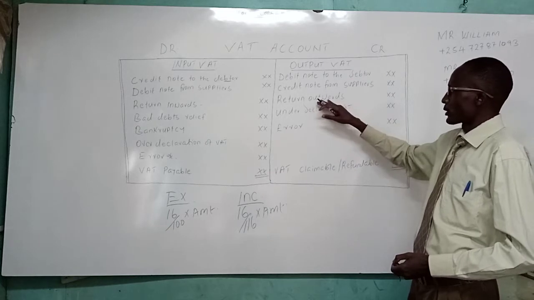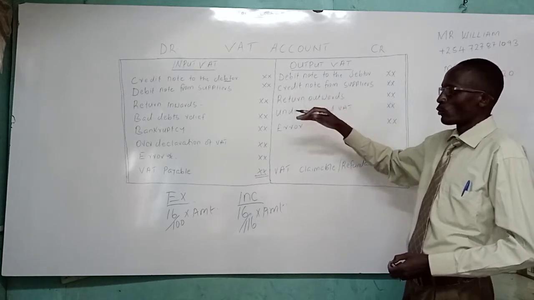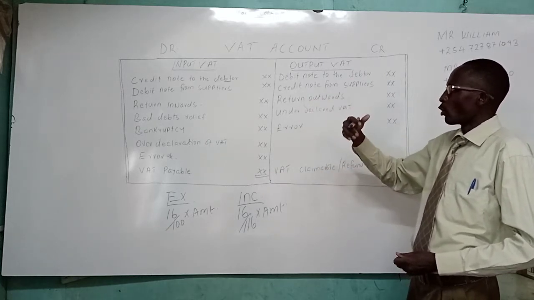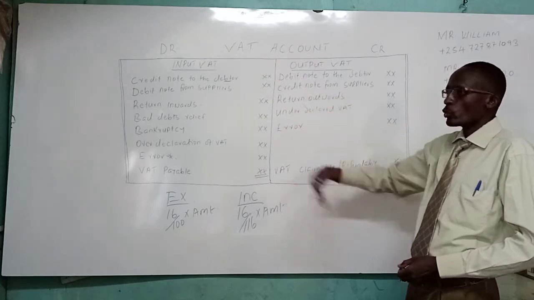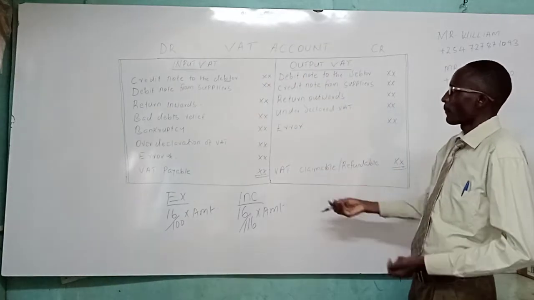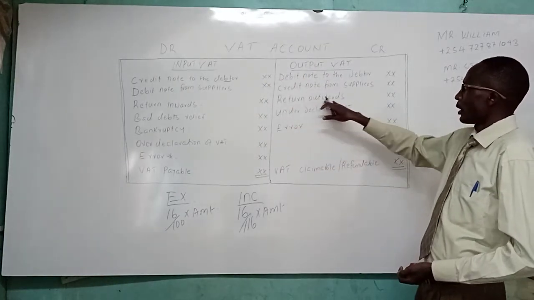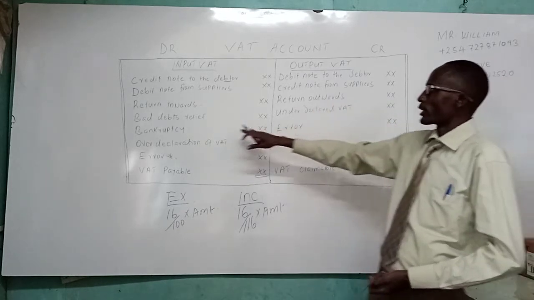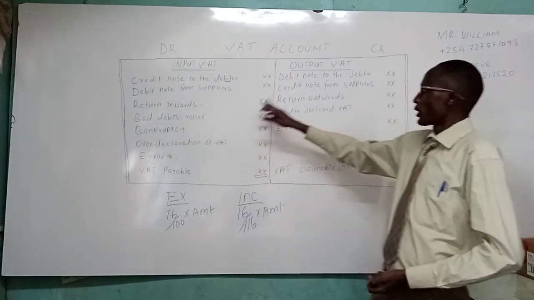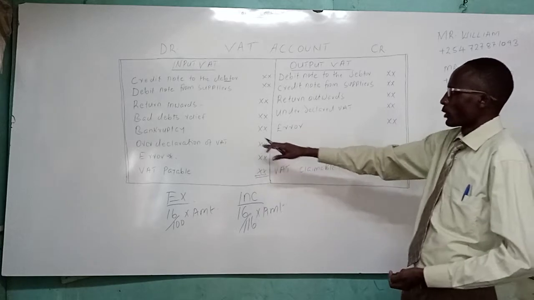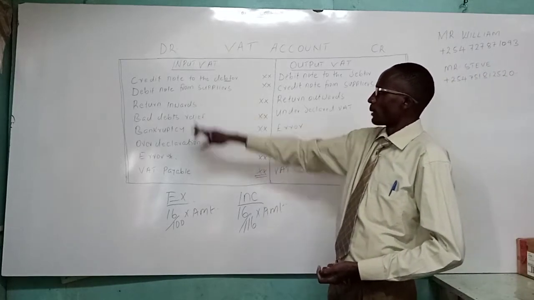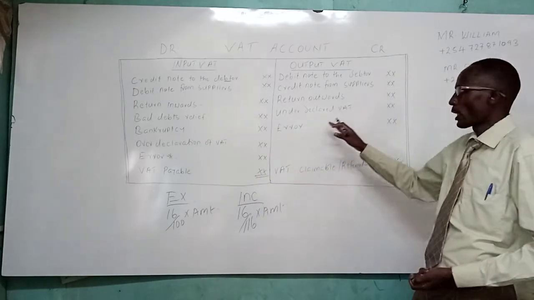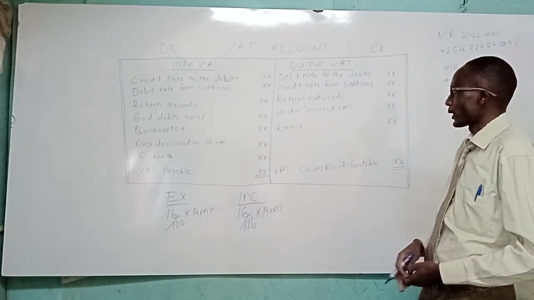In this case, you are the one who has purchased goods from the supplier and then you return the goods to the same supplier. These are the return outwards. It's the opposite of the return inwards. You can see they are on the opposite side. Return inwards is on the debit side and then return outwards is on the credit side.